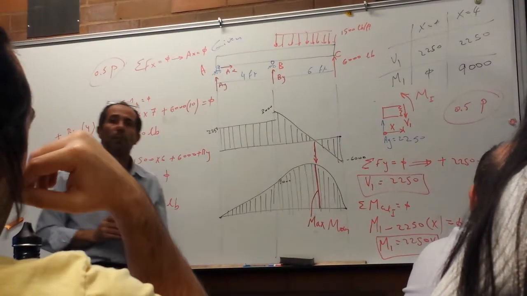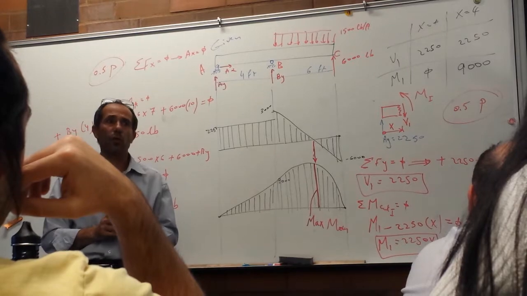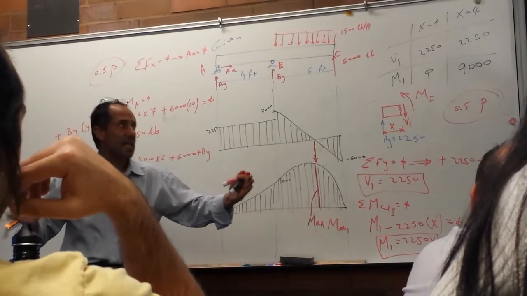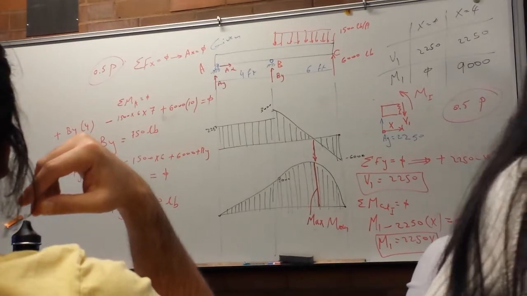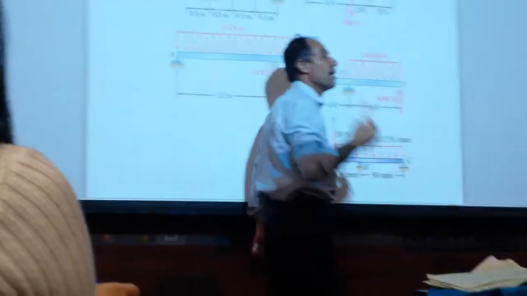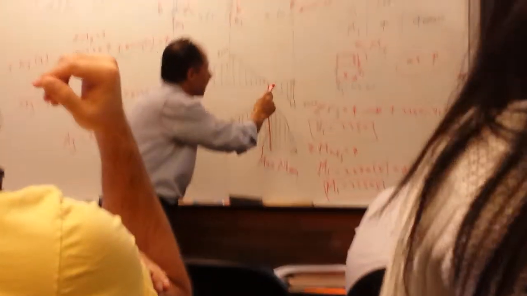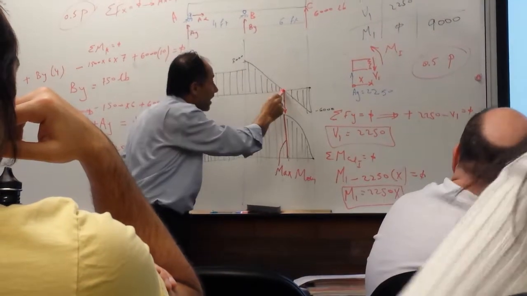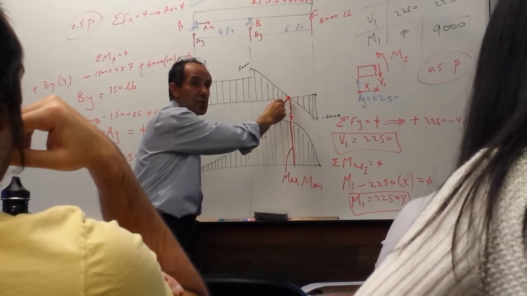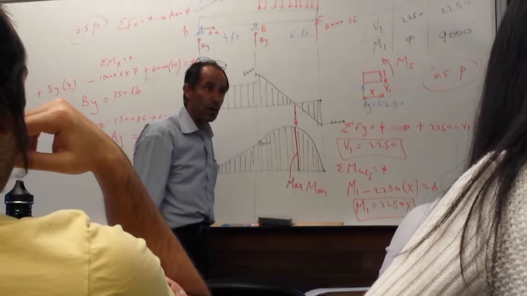The maximum moment happened in section 2, in segment BC, correct? This is where the maximum moment happened, at the intersection of the shear. The shear crossed the line in this section, correct? At this point the shear is 0, correct?